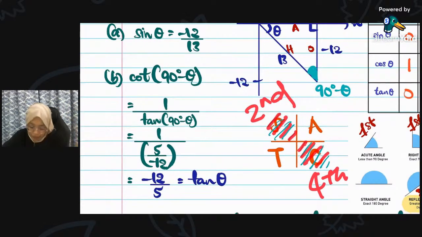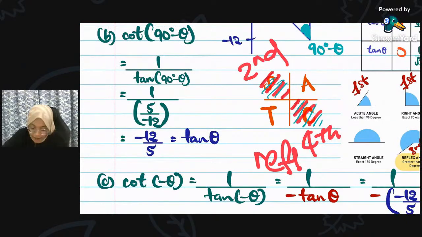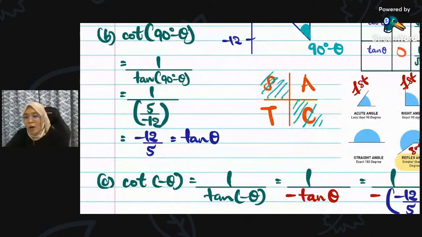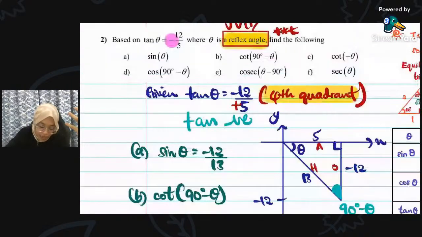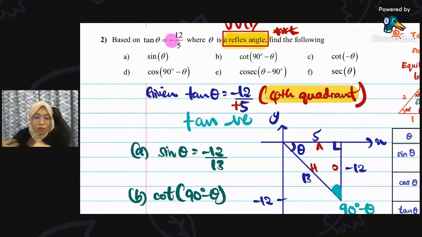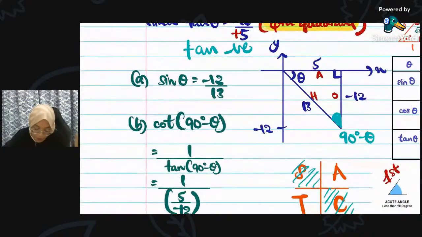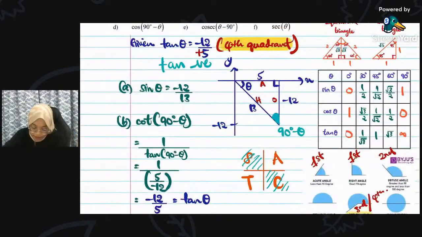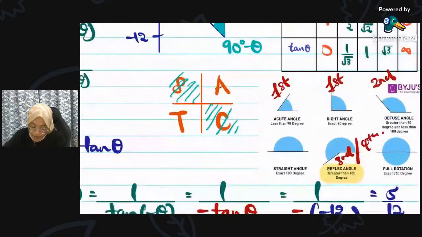So, bila dah tahu reflex angle, dia dah bagi info kita reflex angle, maksudnya memang sah-sah lah kuadran yang keempat. So, that is how sebab itulah dua info ni penting lah. Dua info ni sangat-sangat penting. Kena tahu apa itu obtuse angle, apa itu reflex angle, okay? So I hope it's clear now, and I just want to explain.